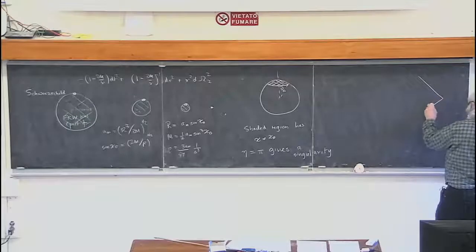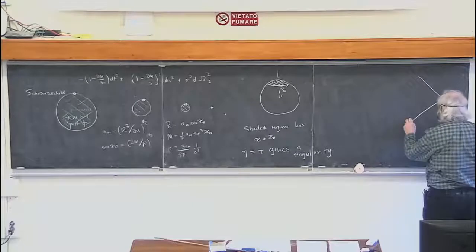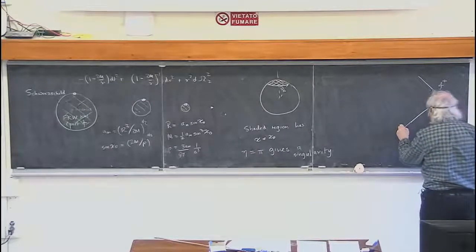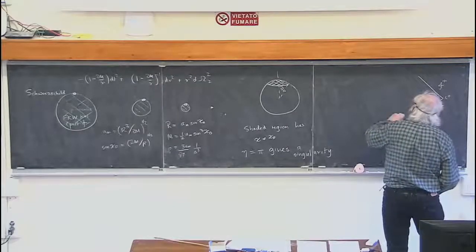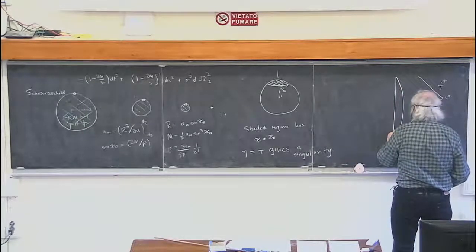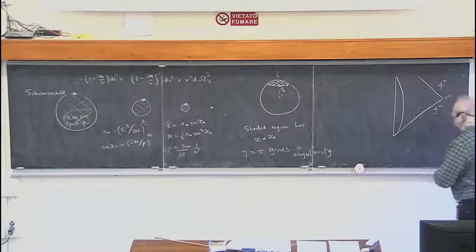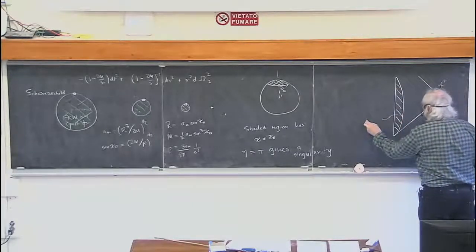Outside the collapsing body, everything looks rather nice. The curvature is 0, well, falls off like 1 over r cubed, giving you a well-defined infinity. There is, however, the collapsing body, which is going to look something like this. And inside the collapsing body, the metric is that of the FRW universe.